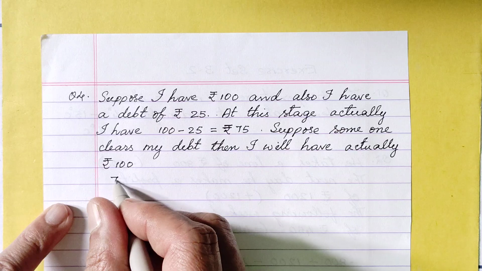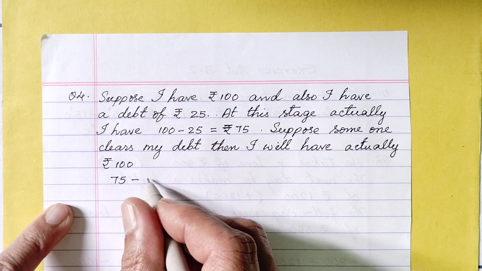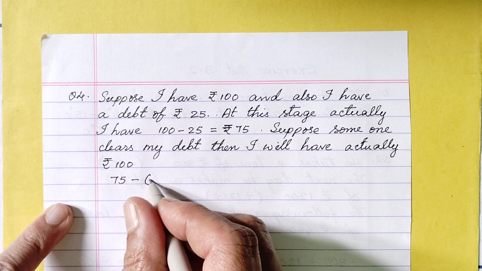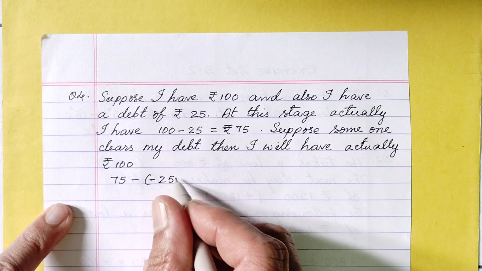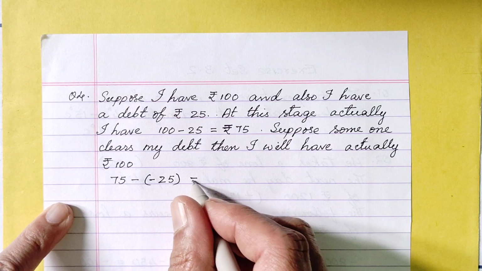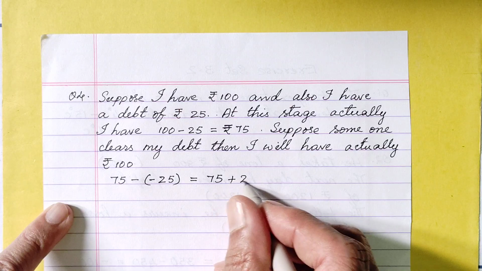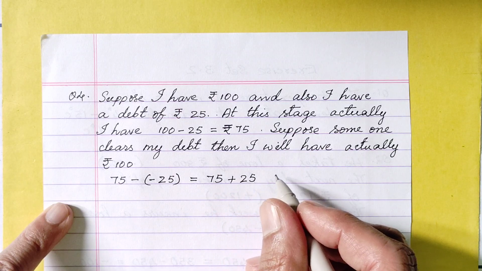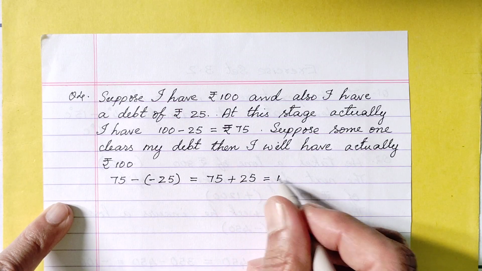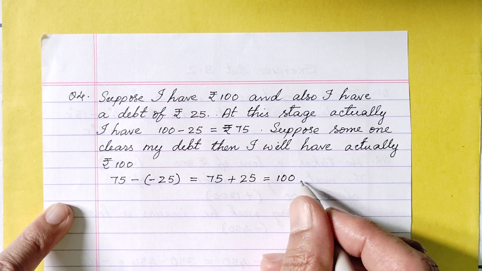So 75 minus minus 25, this is same as 75 plus 25, that is 100.